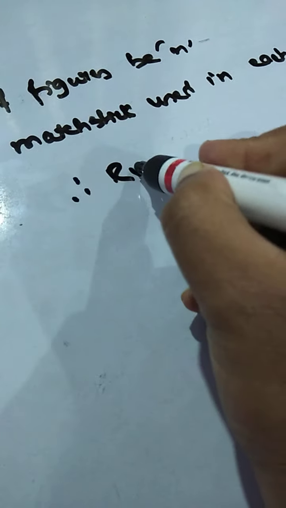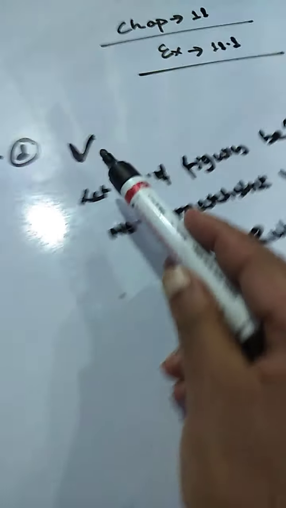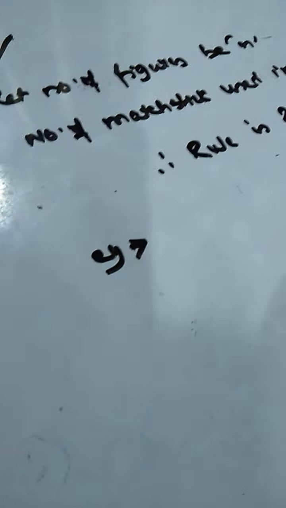It equals 1, 2, isn't it? 2. So what will the rule be? The rule is 2n, where n represents the number of figures. Now let us check whether this rule is working or not.